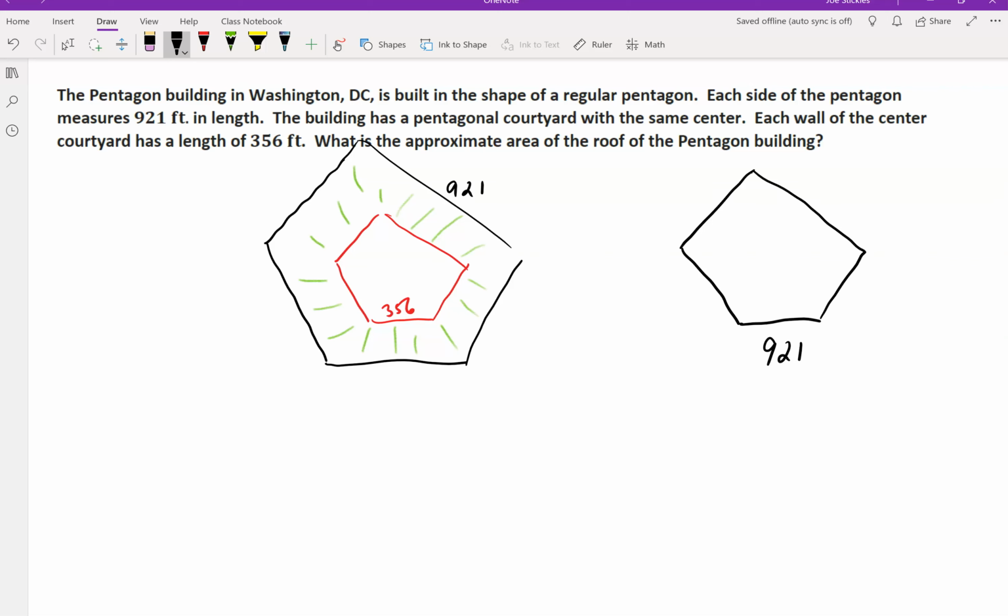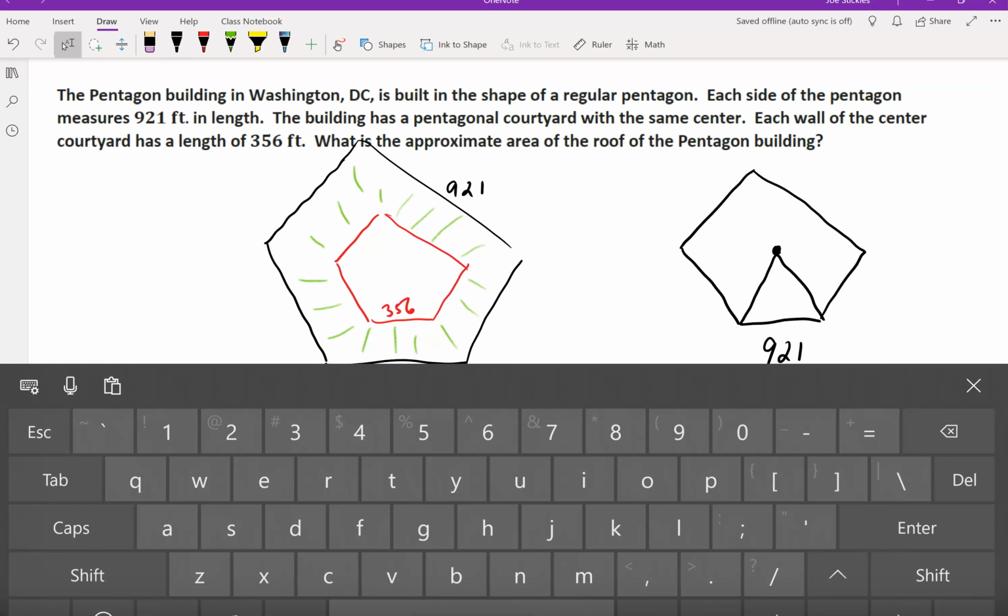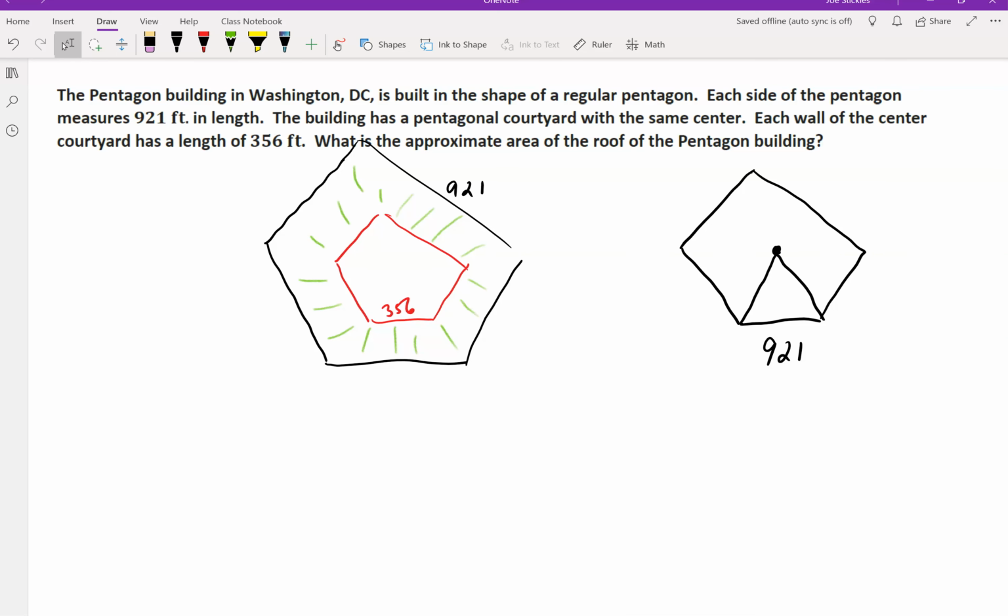Let's say we have a 921 here. I again make my triangle from the center, pardon me. I just need one of these triangles. We find this angle in here by taking the 360 and dividing by the number of triangles there are. That looks like that's 72 degrees up there.